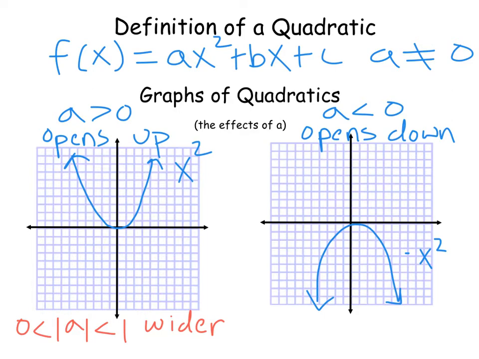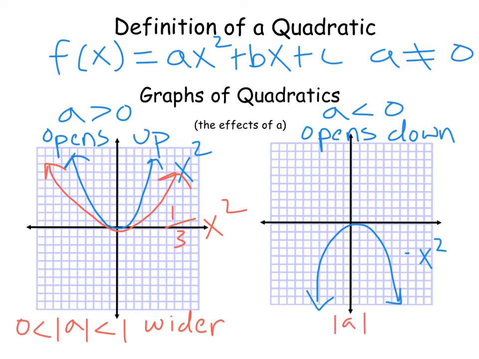How do we take a parabola and widen it out? That would happen with something like 1/3, 1/4, 1/2, any decimal between 0 and 1. It could be negative as well. The negative just means it's going to open down. But if the absolute value is between 0 and 1, that's what's going to happen.